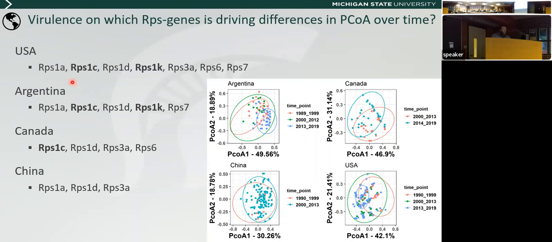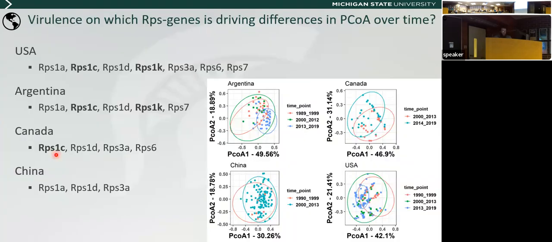Predominantly, what we found was that it was the resistance genes at the RPS1 loci, and particularly RPS1C and 1K in Argentina and the United States, that were driving differences. In Canada, only RPS1C, not RPS1K, was driving differences.